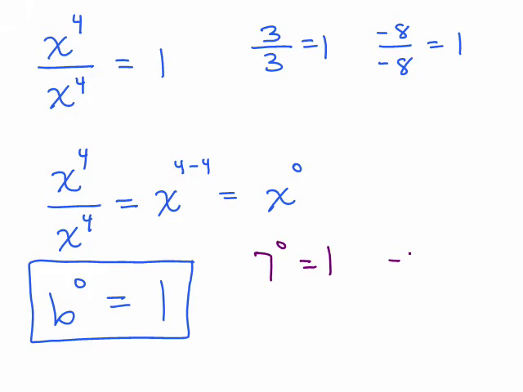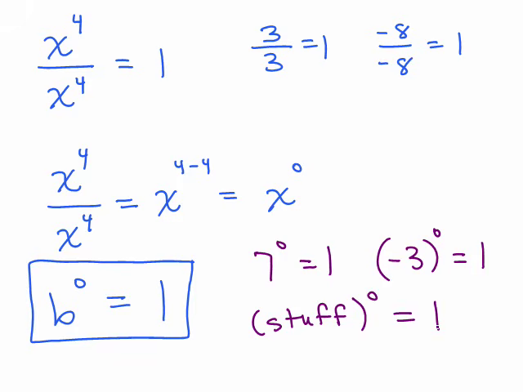If you have a negative 3 in parentheses to the 0, that equals 1. If you've got a bunch of stuff, I don't care what's in that parentheses, and you raise it to the 0 power, it equals 1. So this one's a little bit tricky. You have to pretty much memorize it. B to the 0 always equals the number 1.